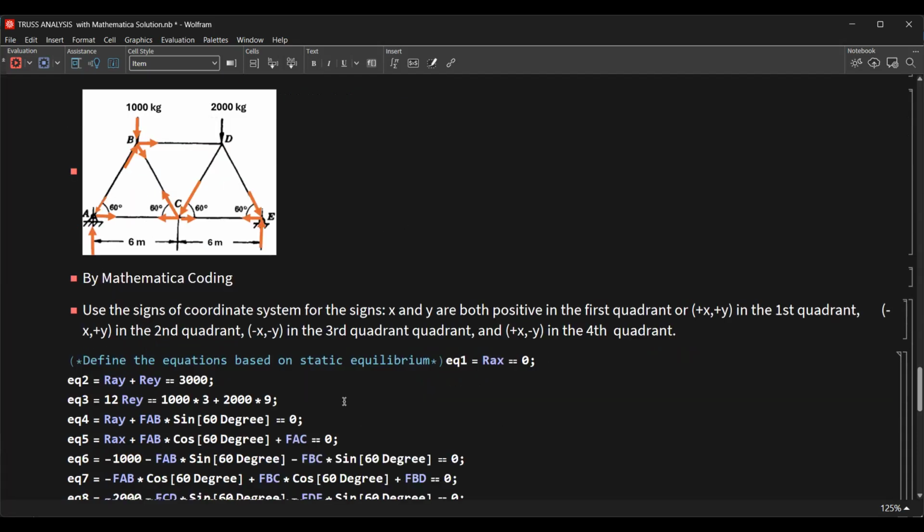Okay, so use the sign convention of the coordinate system here. For the signs, x and y are both positive in the first quadrant.